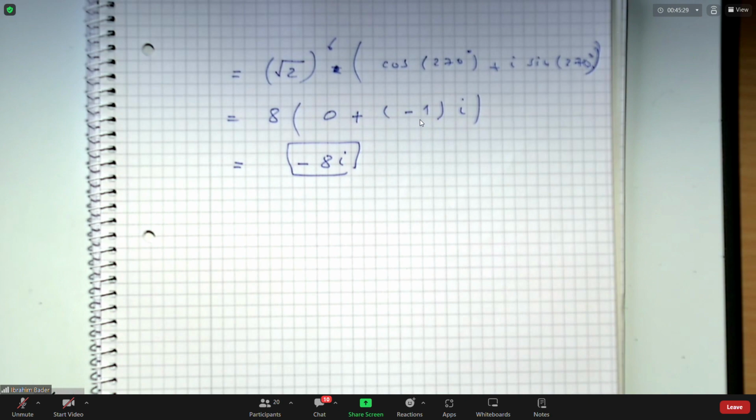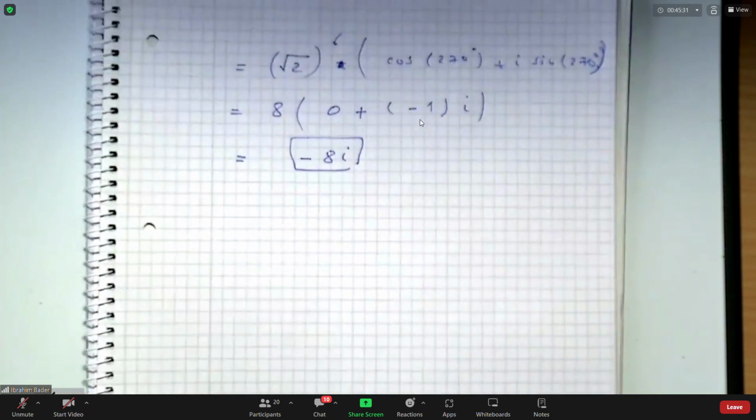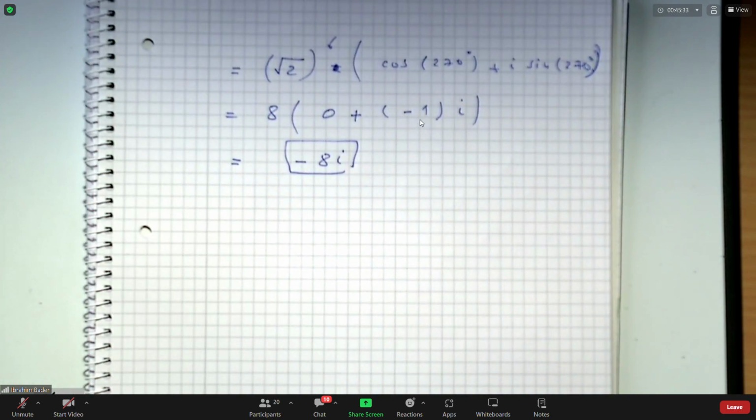I think maybe this is one of the questions in the worksheet. I'm not sure. It's similar actually to one question that you have there. But there I wanted you to solve it as a repetitive multiplication rather than using de Moivre's theorem. So you see here, de Moivre's theorem is very easy and straightforward.